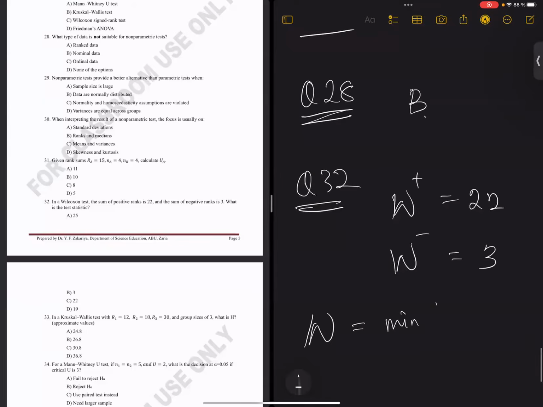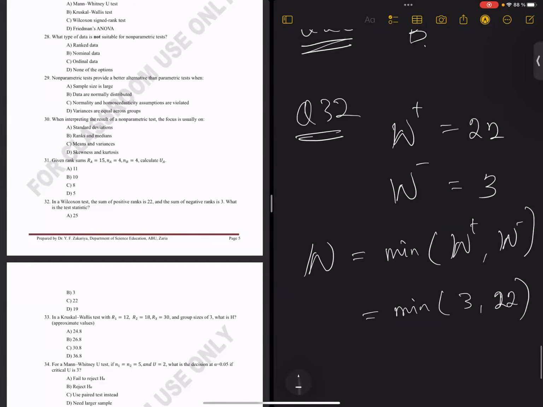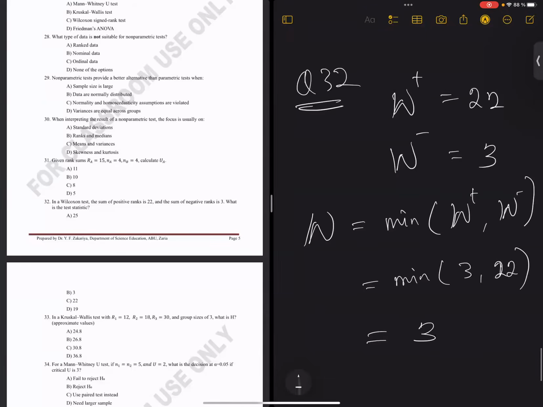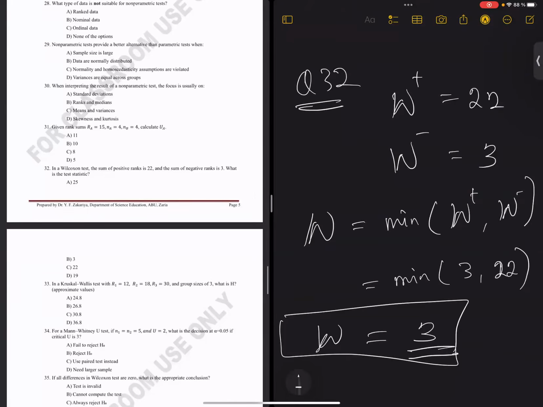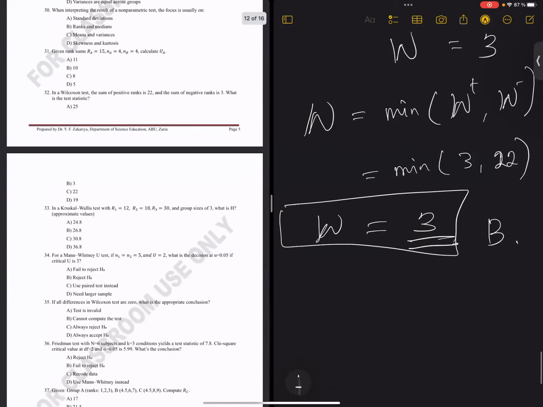W is the minimum of W plus and W minus. So what is the minimum number between 3 and 22? The answer is 3. So the test statistic is 3. Okay, the option is there. So the right option is option B. Are you okay? So we go to the next question.